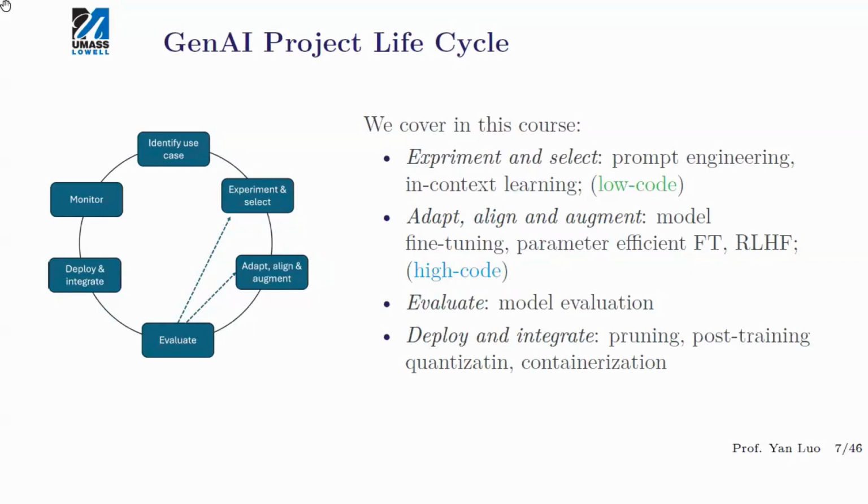So what we do in this course is we're going to cover these different types of approaches to use the model or optimize the model. First, experiment and select. This is what we're going to talk about today, primarily.